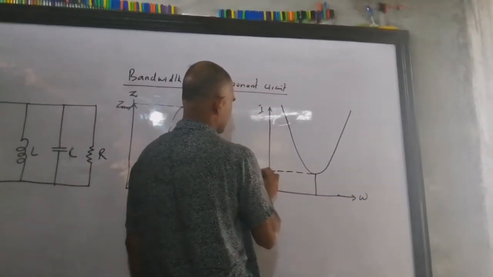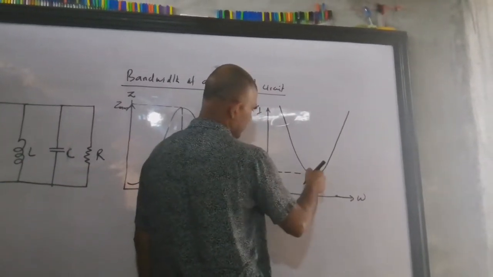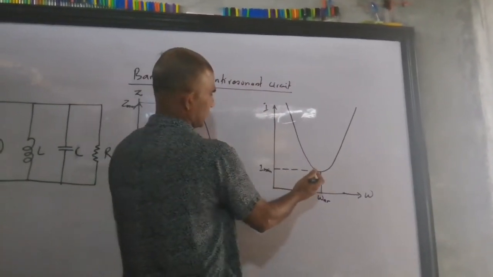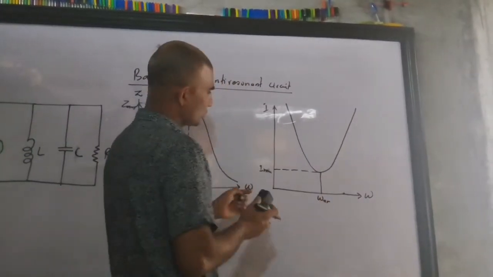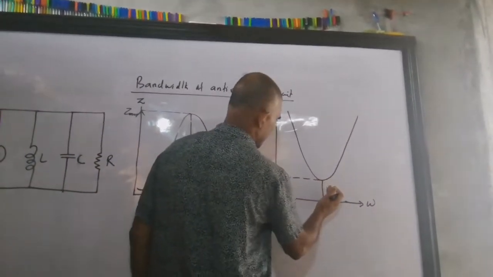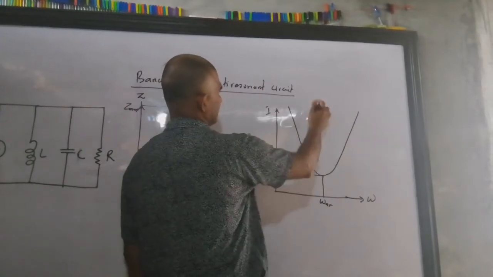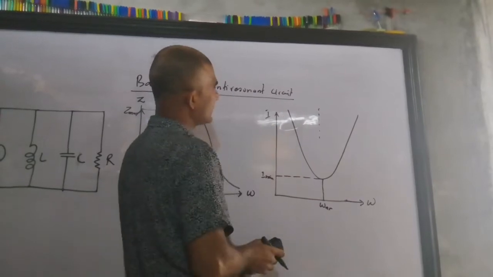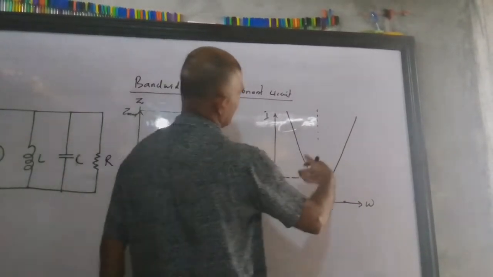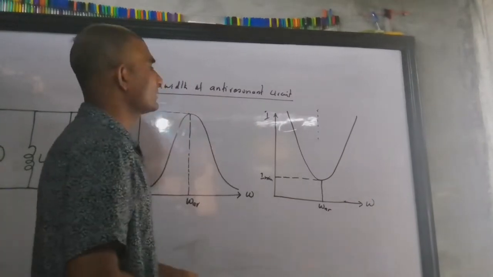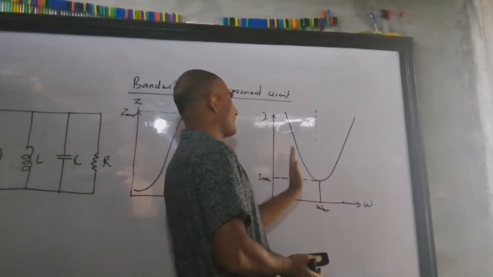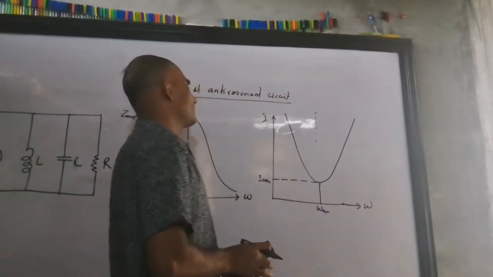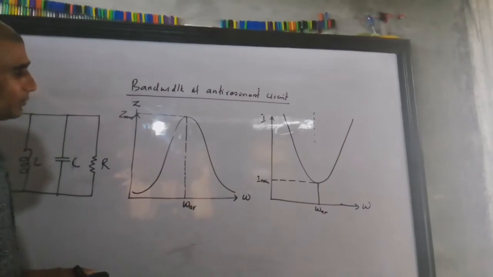This is the minimum value of current, and the corresponding frequency is the anti-resonant frequency. We should note this: for frequency less than the anti-resonant frequency, capacitive reactance is more, and after this it is less. Before anti-resonance the capacitive reactance dominates, and after the anti-resonant frequency the inductive part dominates.